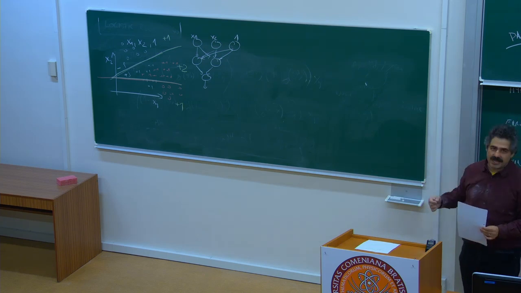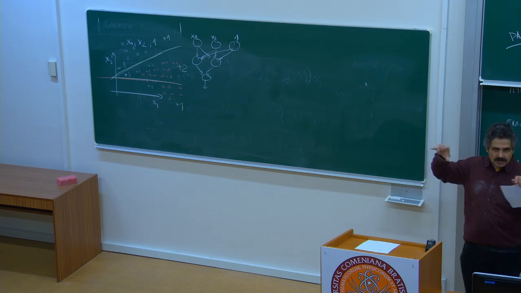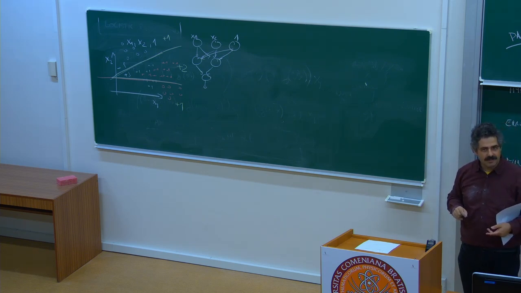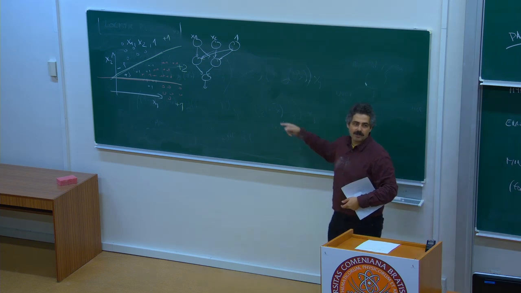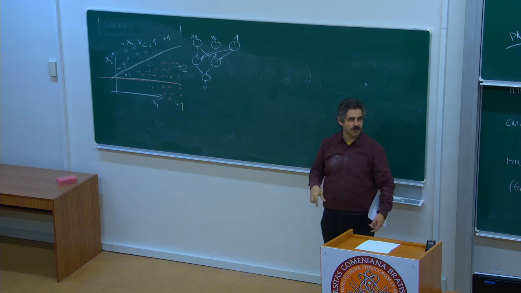So this is what the nonlinearity actually brings us. By putting together more nonlinear functions, we actually get new things. We don't get the same thing again. You cannot do this with one logistic regression, but you can do it by a combination of two and one output neuron.